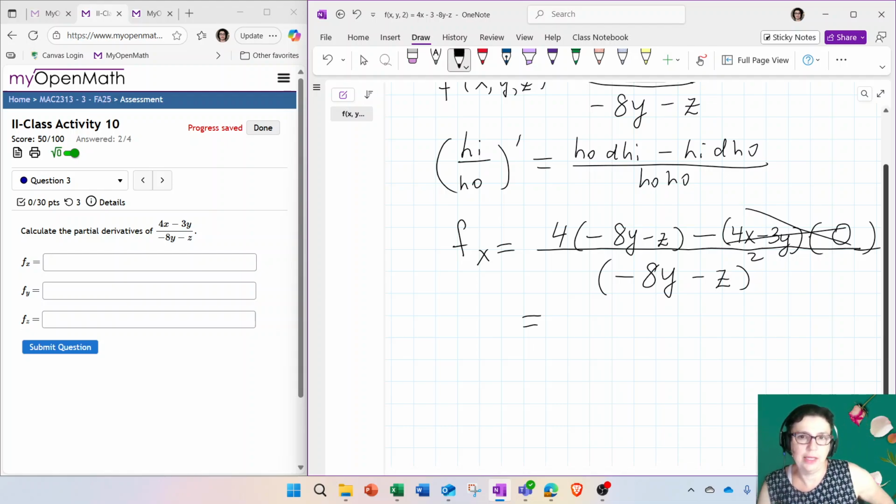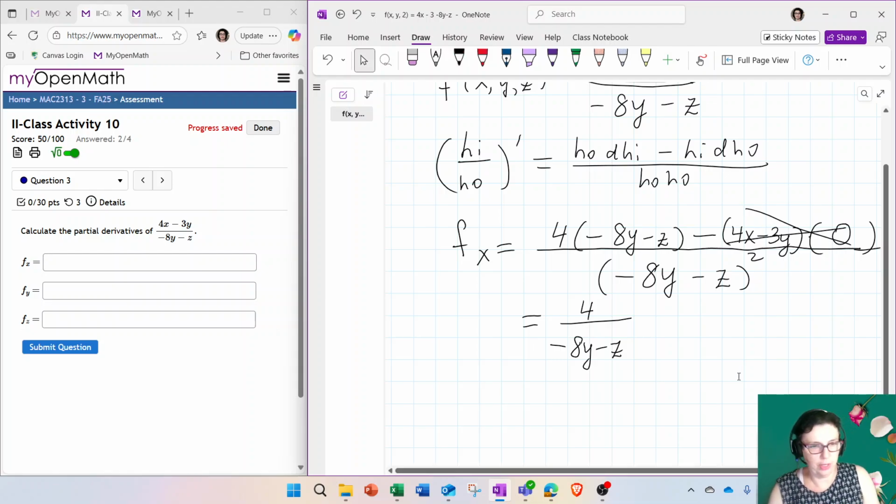Normally I say do not ever cancel that term because the second term in the numerator will not have it. But in this specific case, negative 8y minus z will cancel with negative 8y minus z squared. So one of them will cancel out, and you're just going to have 4 divided by negative 8y minus z. So that's your f_x derivative.